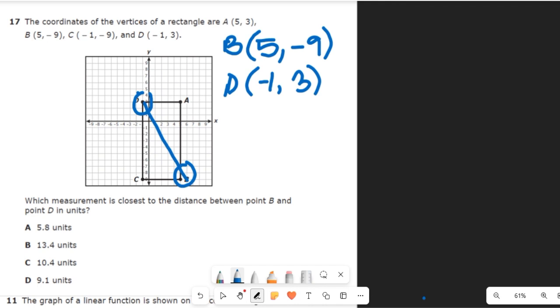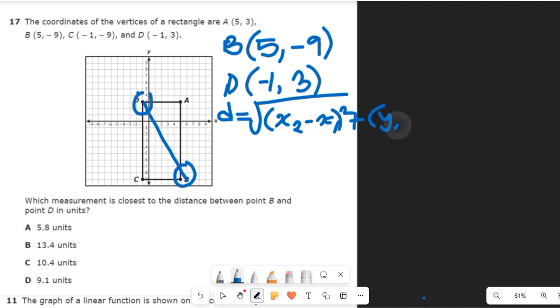Recall that under coordinate geometry, we have the formula for distance d equal to the square root of (x2 minus x1) all squared, plus (y2 minus y1) all squared. We're going to use this to find the solution to the question.